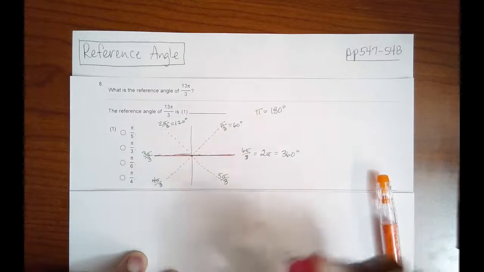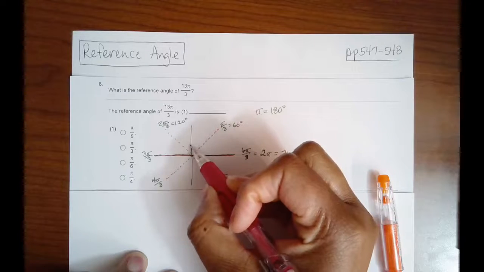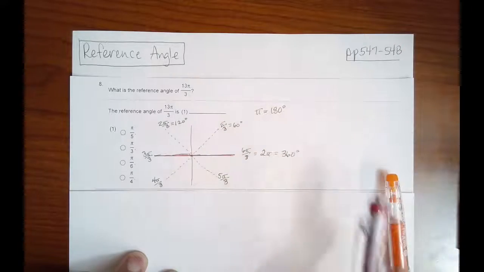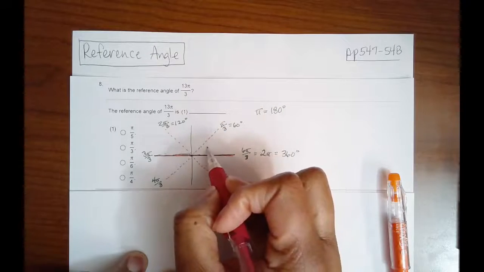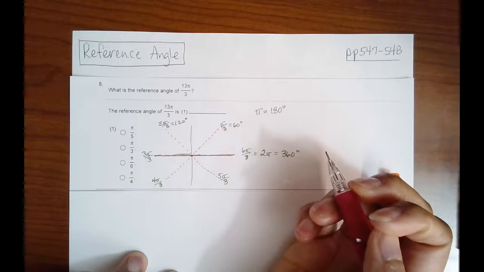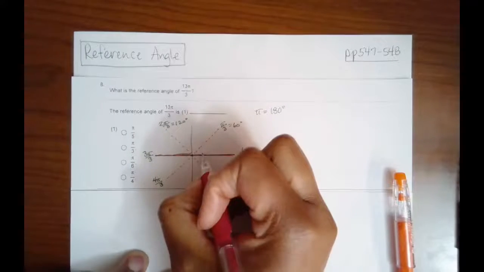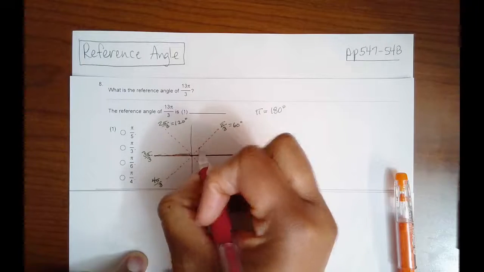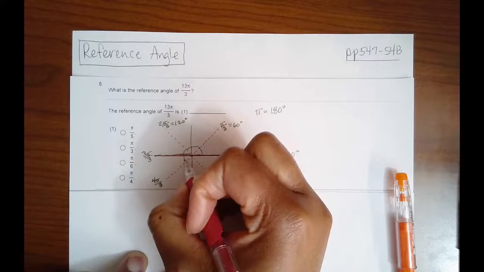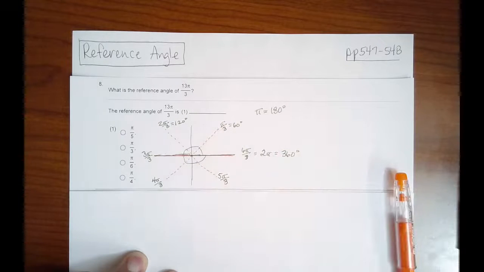So let's do this. Now, each time we move, we're going to land on everything that you see in orange is going to represent a pi over 3 each time we turn, okay? And we're trying to get to 13 of them. So it's going to be 1, 2, 3, 4, 5, 6.